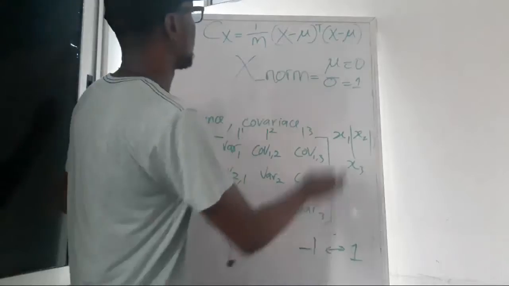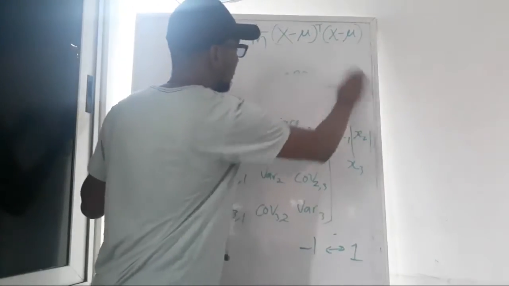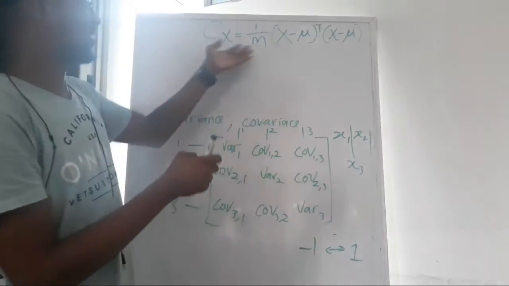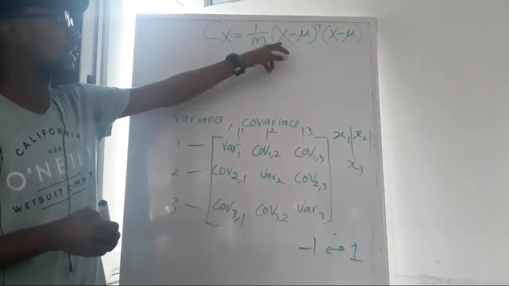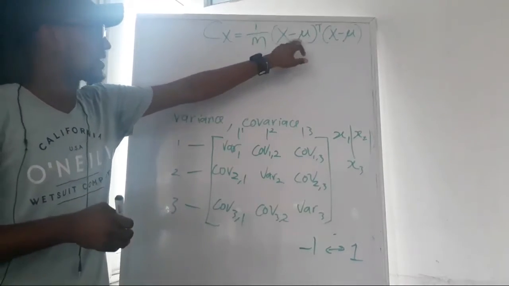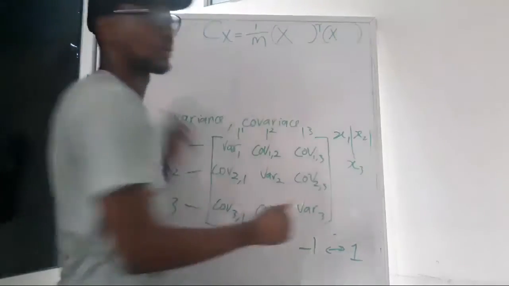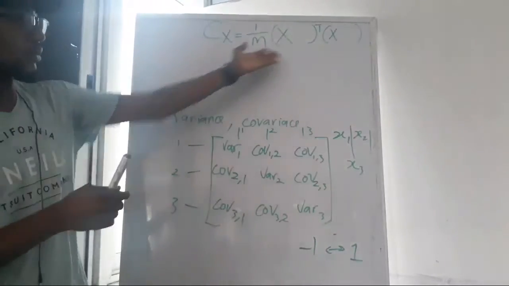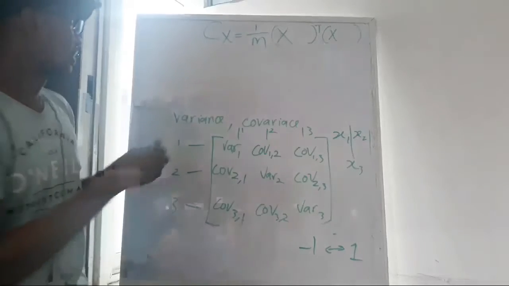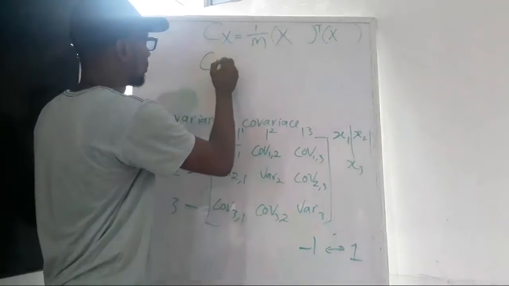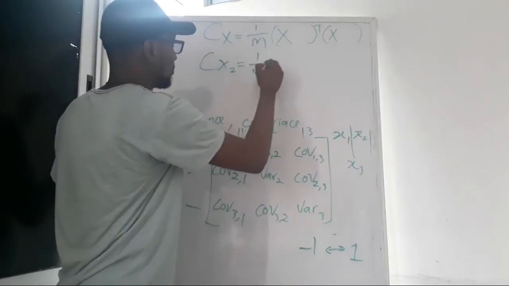Meaning if we apply this on a normalized one, this guy is going to be 0, and the same thing should apply for x2 also.